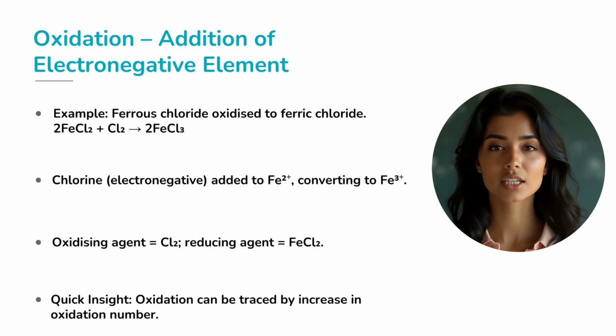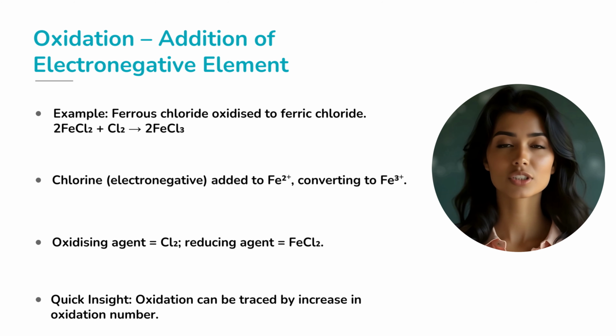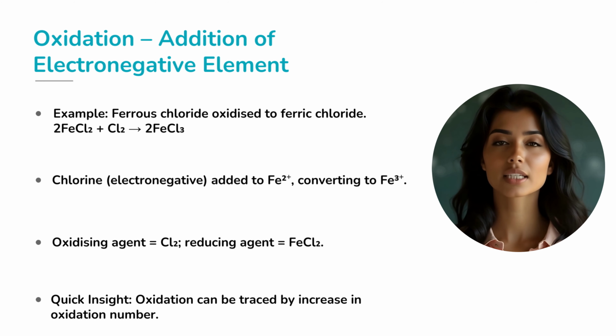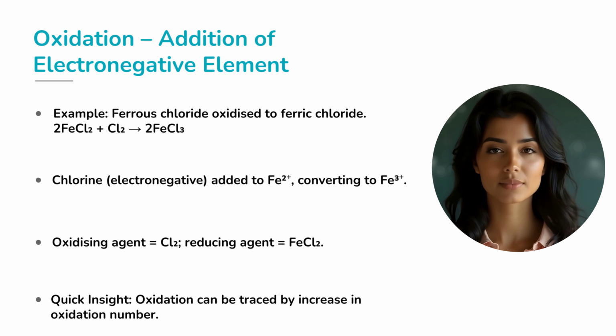Chlorine, being electronegative, steals electrons from Fe2+ ions, turning them into Fe3+. In this case, chlorine acts as the oxidizing agent and ferrous chloride as the reducing agent. The key takeaway here is that oxidation can occur with the addition of electronegative elements like chlorine.